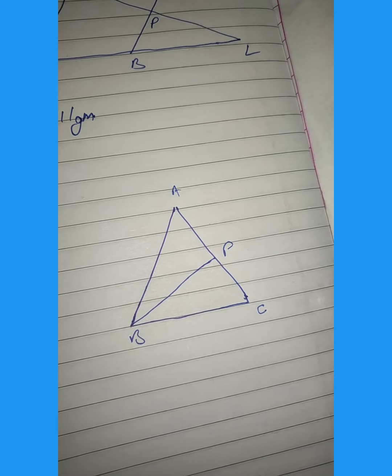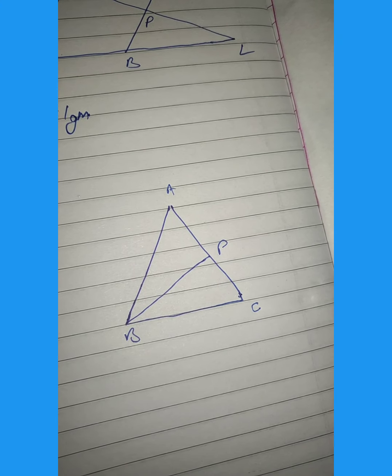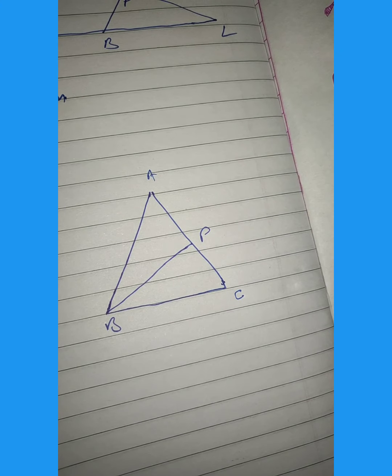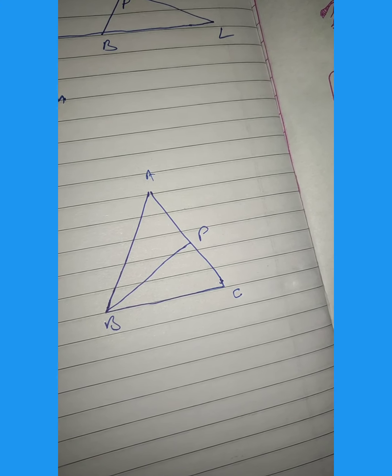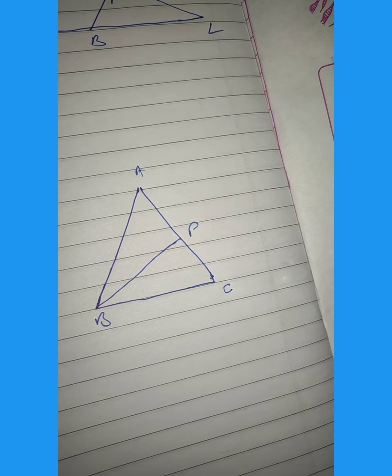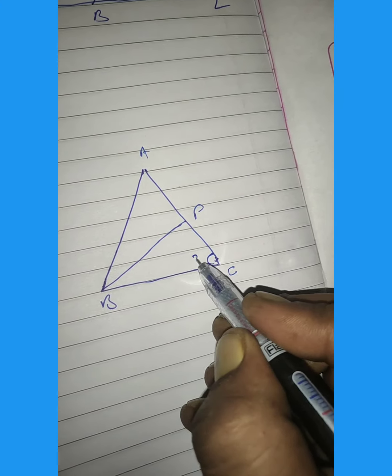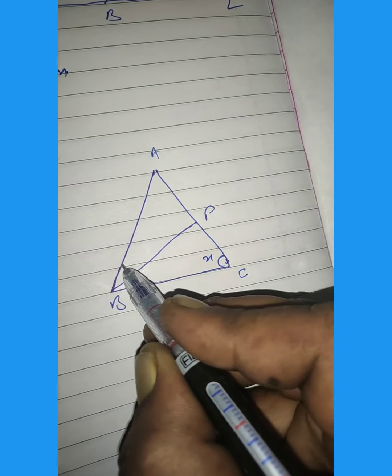Now in the given triangle ABC, angle ABC is equal to twice angle ACB, and the bisector of angle ABC meets the opposite side at P. Prove CB ratio BA is equal to CP ratio PA. So consider this angle to be X and this is double of this.